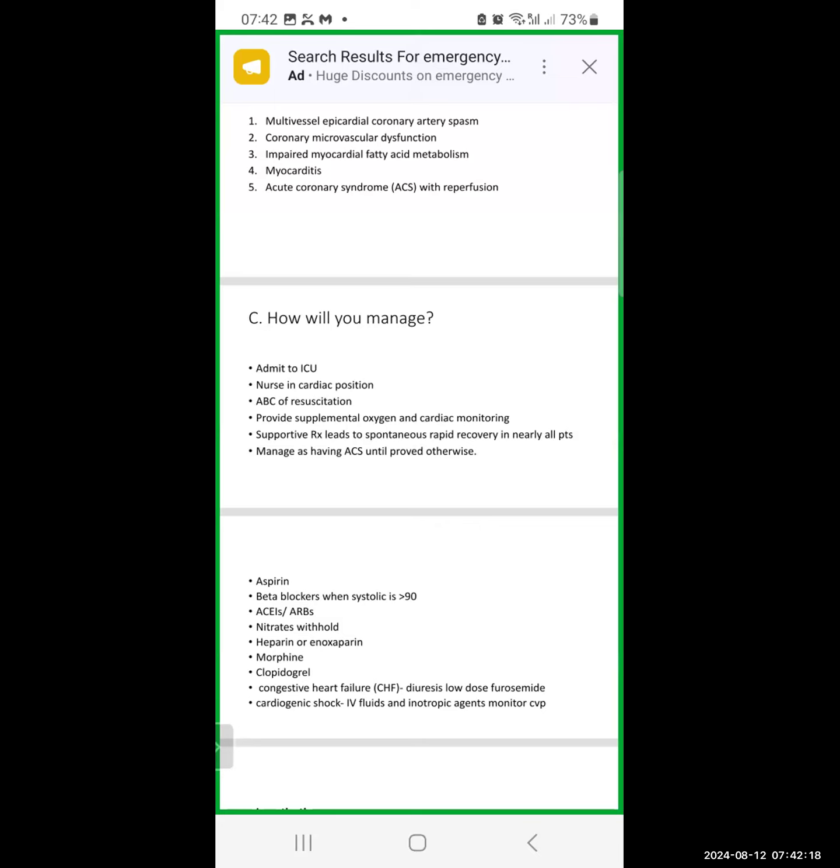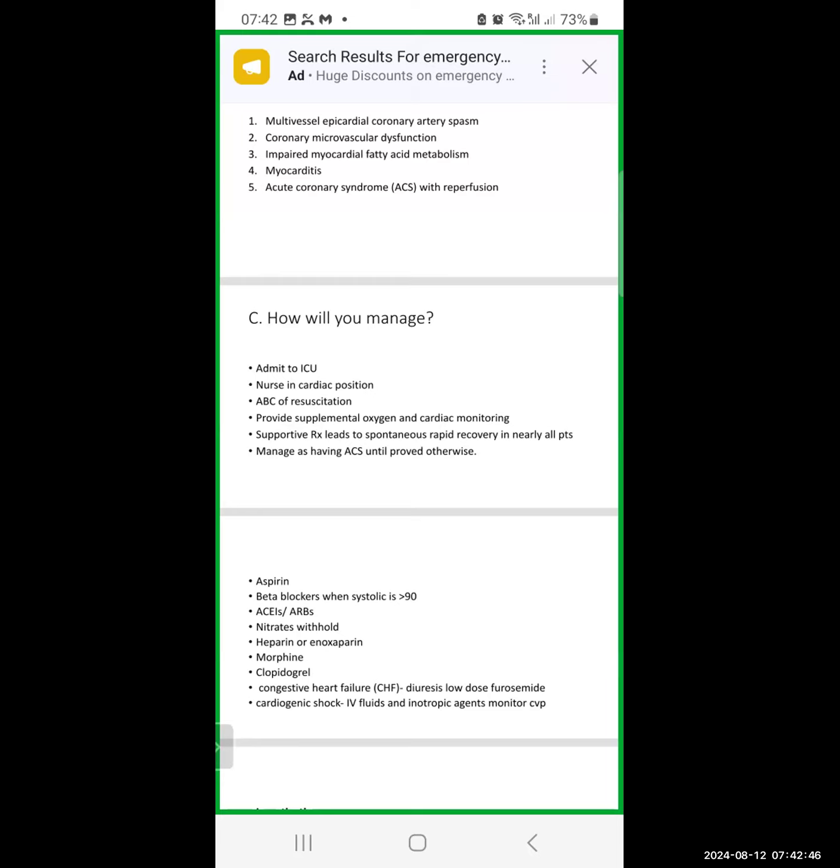You know, there is apical ballooning, but the basal part of the heart is still contractile and functional. So if you give inotropes to such patients, the basal part will be contracting while the apical part would not be responding at all to the inotrope. So you worsen the left ventricular outflow tract obstruction.